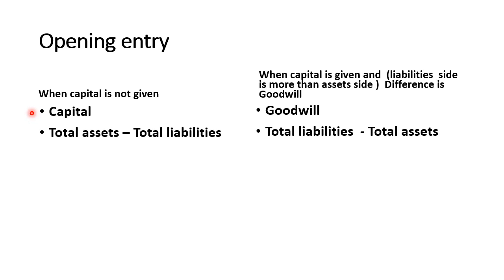In the same way, if your capital is given and there is still a difference in assets and liabilities, then the difference will be considered as goodwill. And your formula for goodwill will be total liabilities minus total assets. So in this way, you have to calculate the capital or goodwill. Thank you.